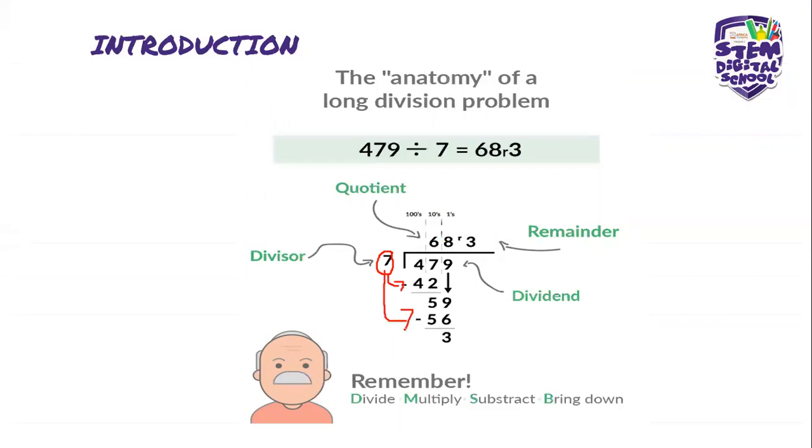That's point number 1. Second, your remainder cannot be more than your divisor. Then something would have been wrong. Once you have a remainder that is more than your divisor, you have a problem in the sum.